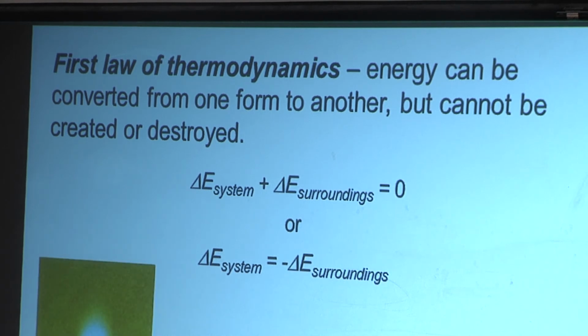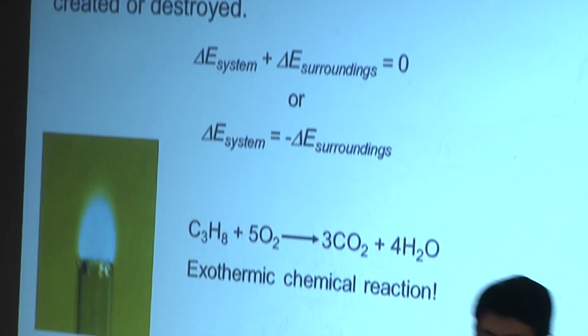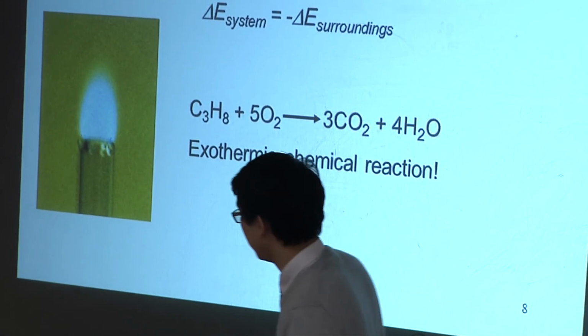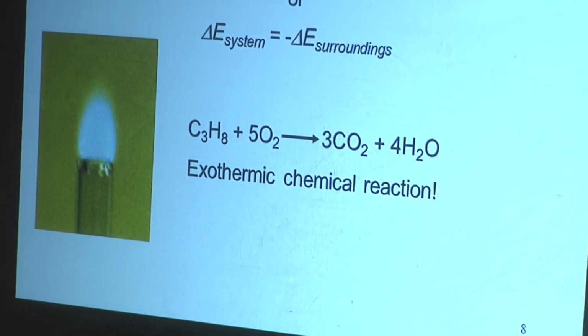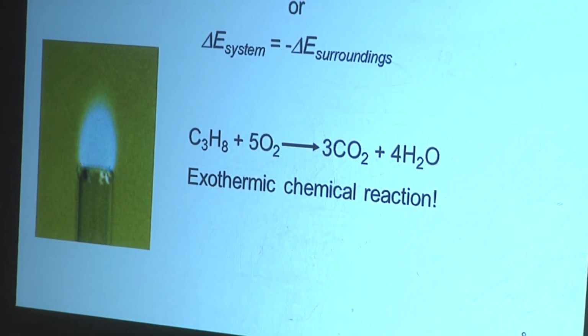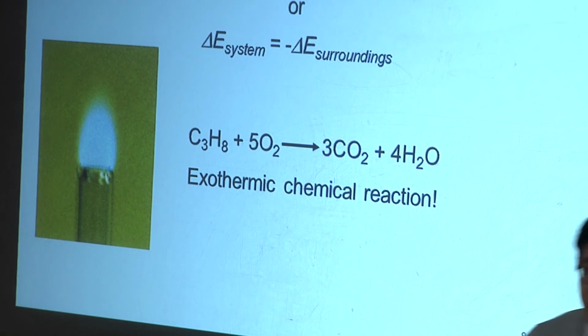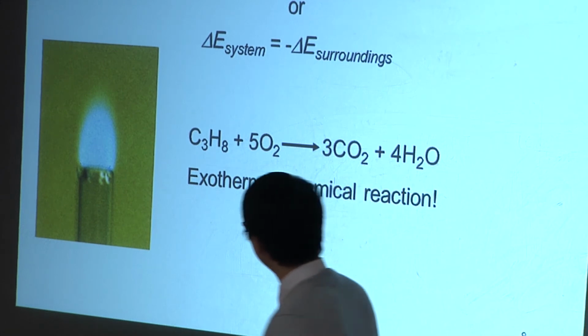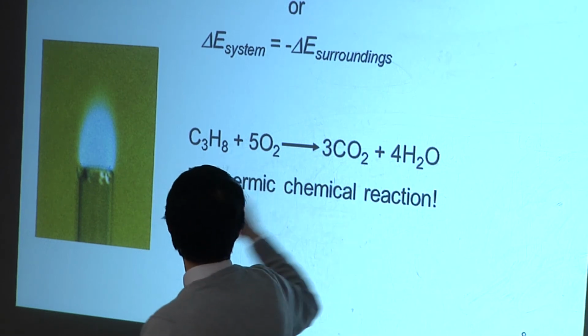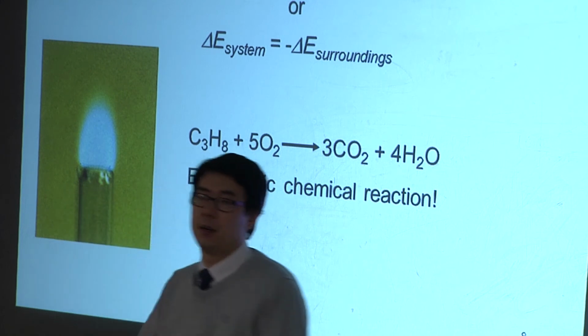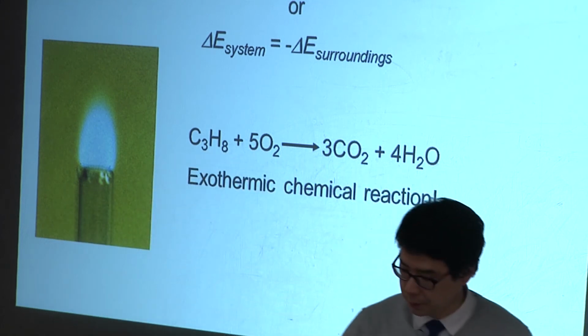So this is what we're talking about. This is C3H8. Anybody know what that is? That's propane gas, the gas that you use in a gas barbecue grill, for example. If you burn it, you release heat, and that heat can then go to cook your food or whatever.